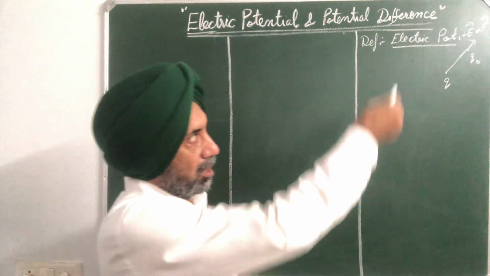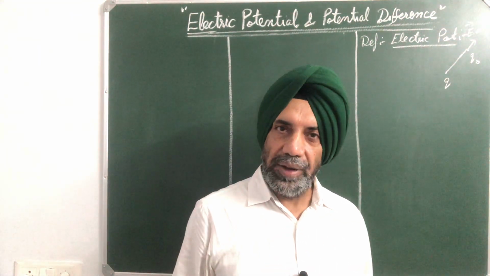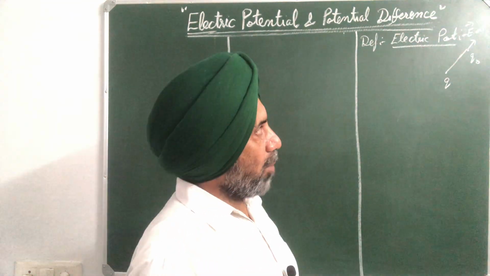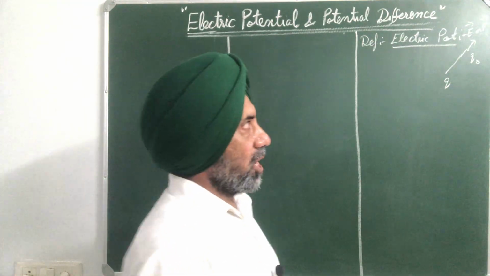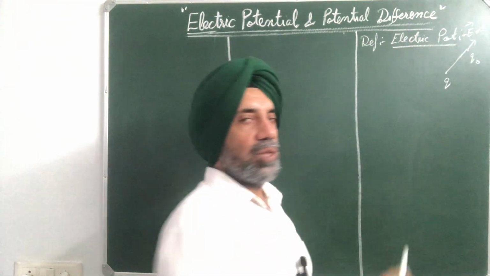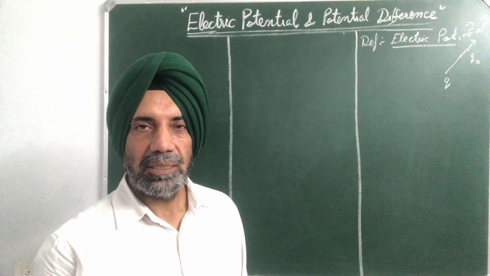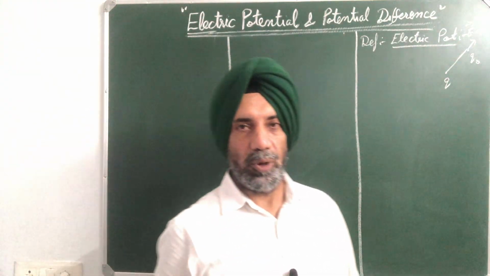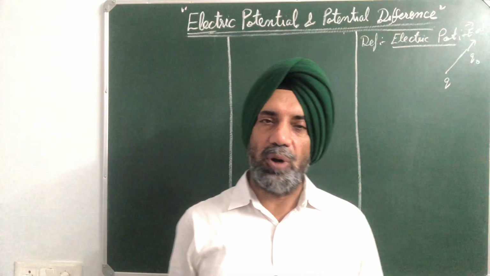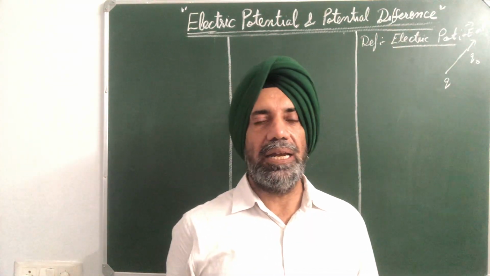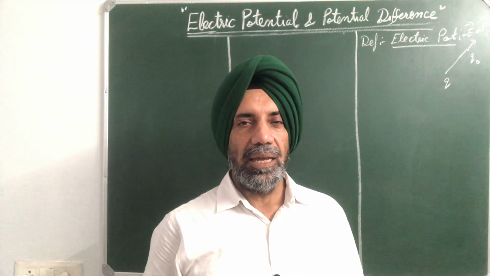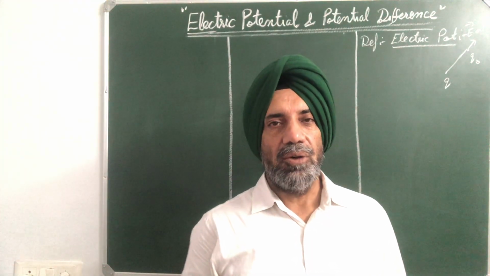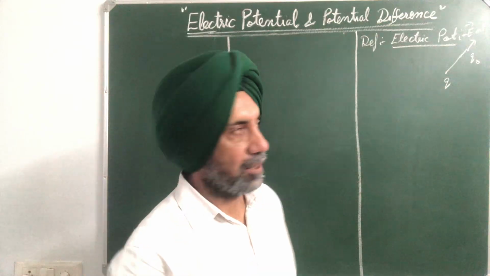Now suppose Q naught lies at infinity, then the amount of work done in bringing a unit charge from infinity to the given point is known as electric potential at that point. So electric potential at a point in an electric field is defined as the amount of work done in bringing a unit positive test charge from infinity to the given point.